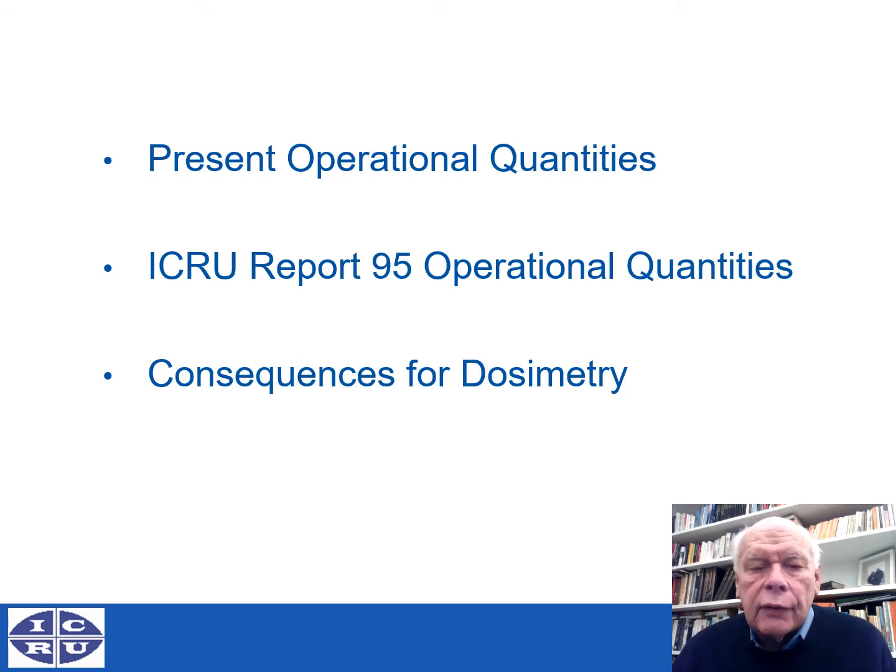My presentation is divided in three parts. I will talk about the present situation with operational quantities with regard to effective dose. I will then introduce shortly the new definitions and some of the details of them. And finally, we'll discuss potential consequences for radiation protection dosimetry using this new quantity.